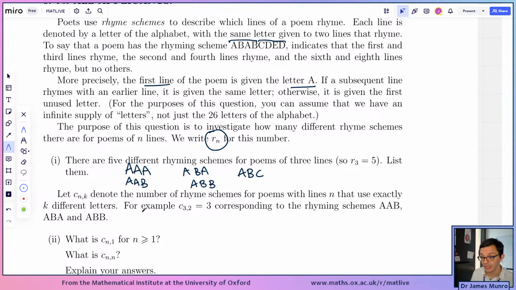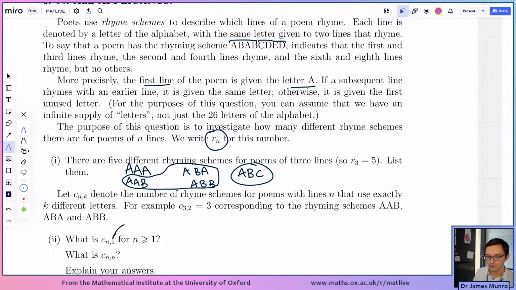Let C(n,k) be the number of rhyme schemes with poems of n lines that use exactly k different letters. Oh, I see. So I just said something about using 3 letters, and this is going to split that down. C(3,2) would mean 3 lines and 2 different letters. So that's describing these 3 sorts of poem. Okay. Oh yes, and there they are. Oh, okay, right, fine.